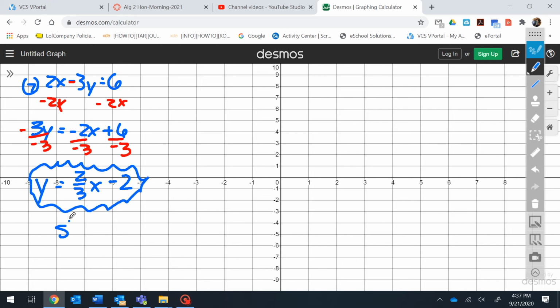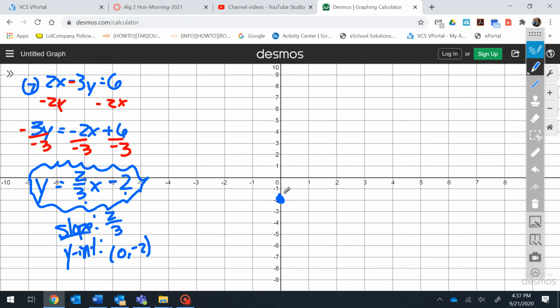This is in slope-intercept form, so we can find the slope, we can find the y-intercept. The slope is 2 over 3. The y-intercept is 0, negative 2. Slope comes from the coefficient on the x. The y-intercept comes from the constant. So 0, negative 2 is right here.